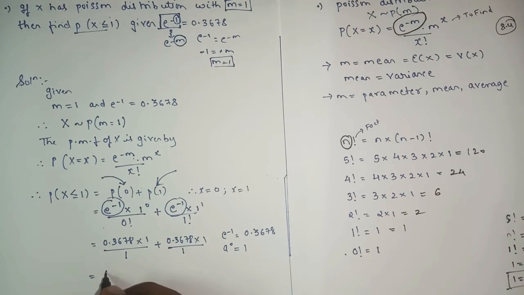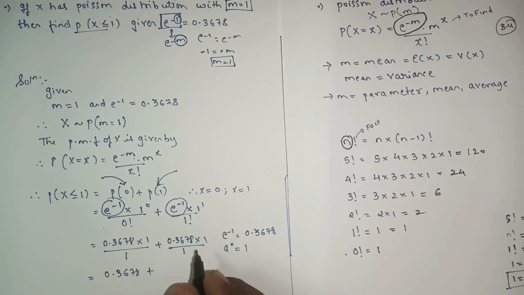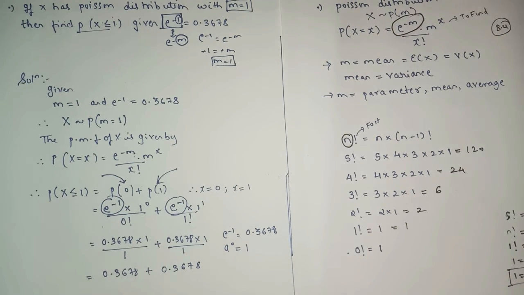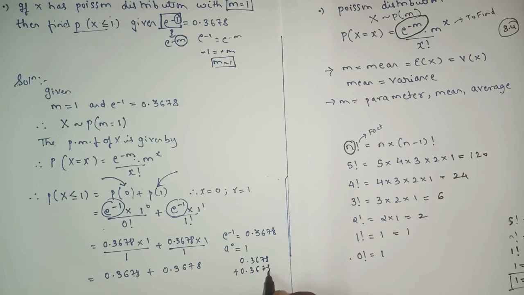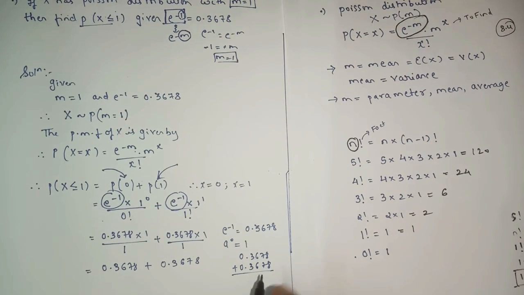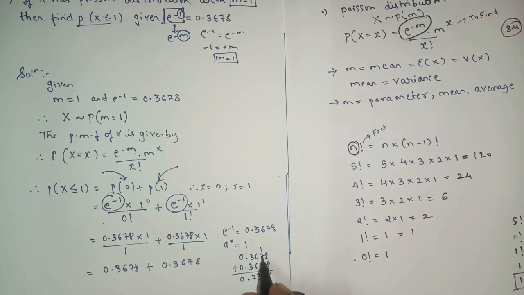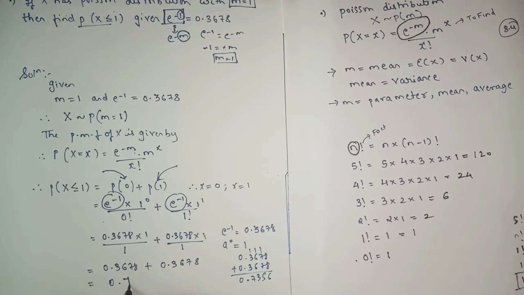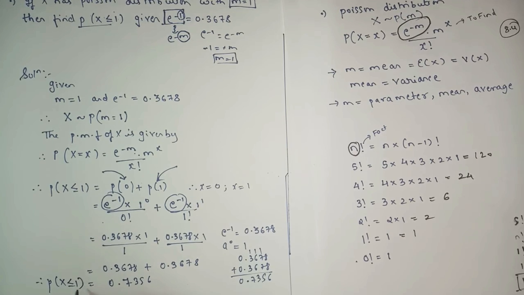When you solve this part, the 1s get cancelled and we are left with 0.3678 in each term. When you add 0.3678 plus 0.3678, you get 0.7356. So we got the answer 0.7356 for P of X less than or equal to 1.